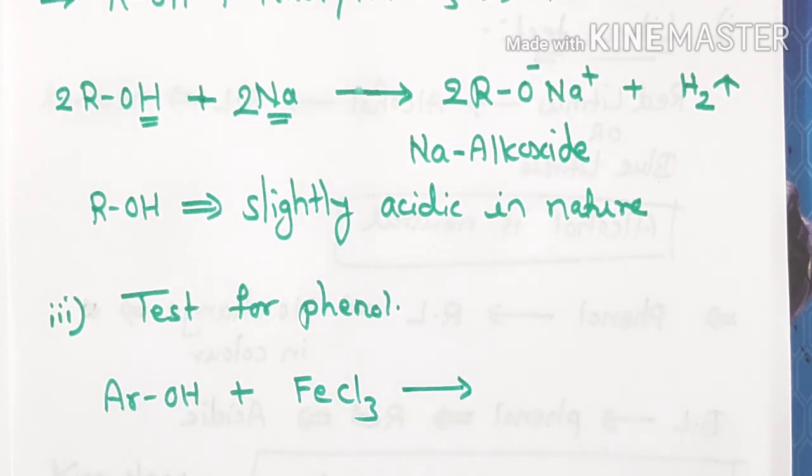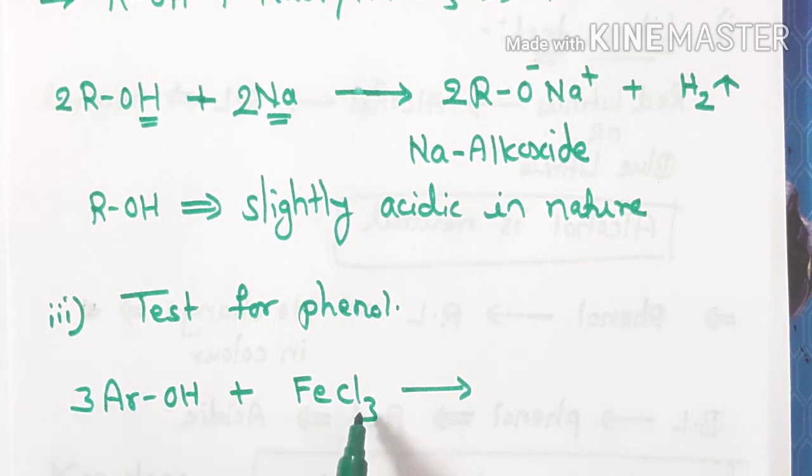Then what happened? Understand, student. Here this phenol, if it is showing acidic character, that means it is going to give H. This H which comes out combines with chlorine. Since 3 chlorine are here, we need 3H, so I write like this.